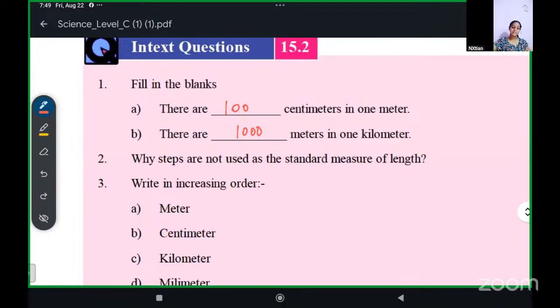Why are steps not used as a standard measure of length? Step means our feet. Why do we not use steps as a standard measure of length?